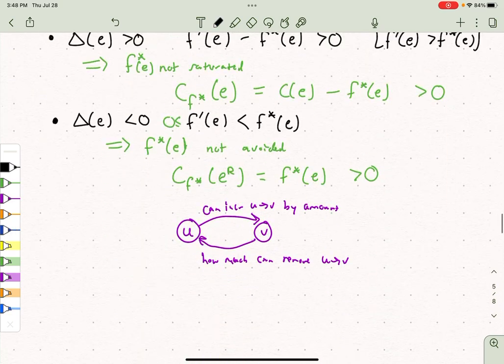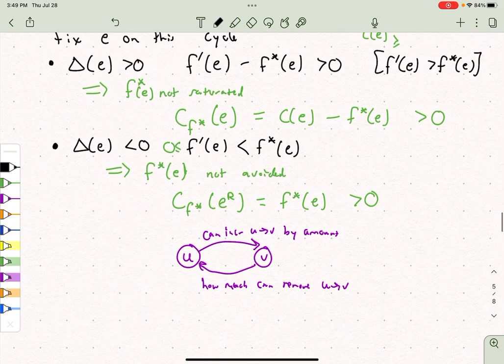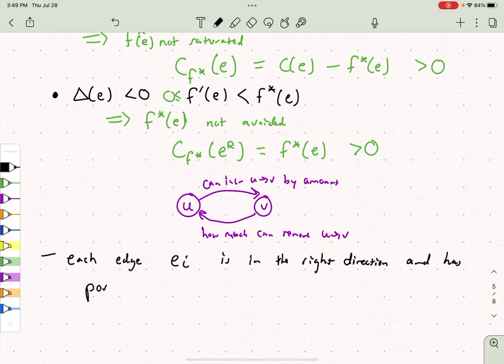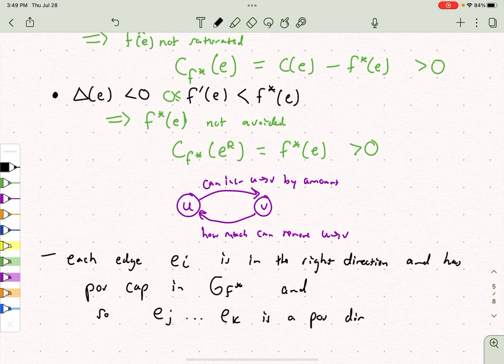So in either case, each edge E_i is in the right direction to make it a cycle and has positive capacity in the residual, and so E_j through E_k is a positive directed cycle in G_f star.